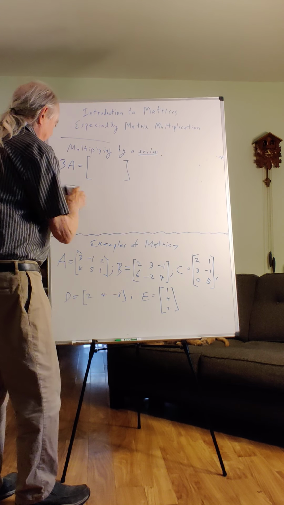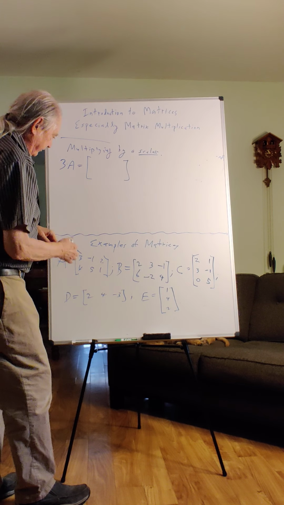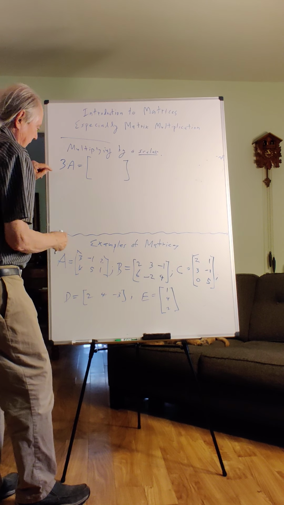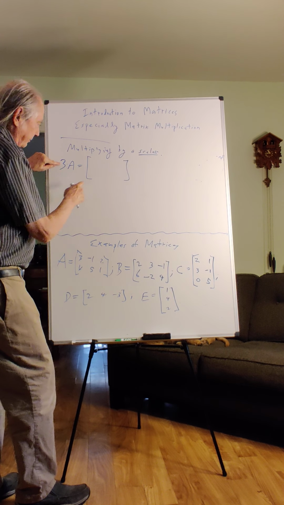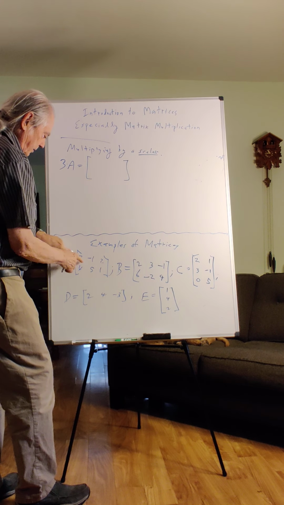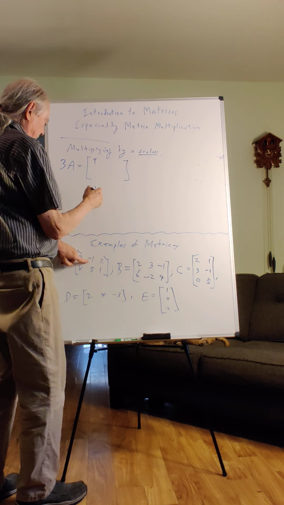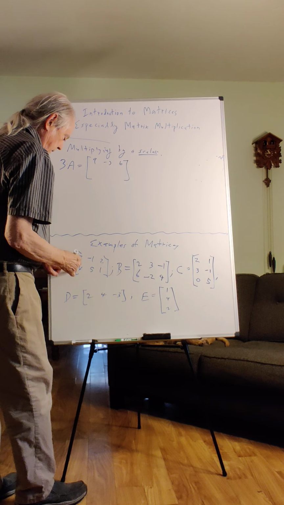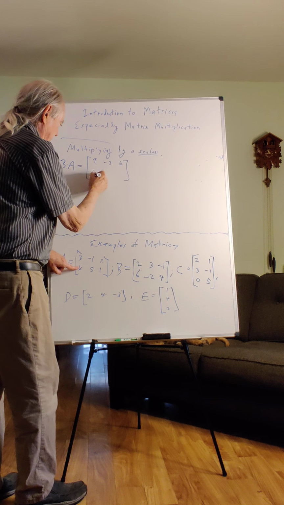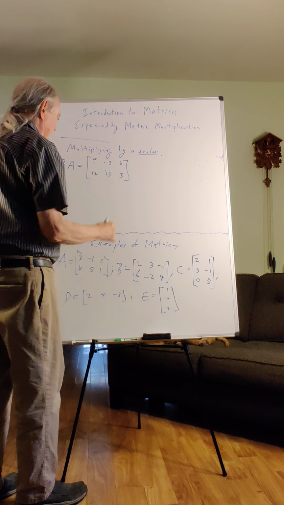So by analogy, 3A should be A plus A plus A, which means just triple each entry. In other words, if you have a scalar times a matrix, just multiply each entry by that number. 3 times 3 is 9, 3 times negative 1, 3 times 2, 4 times 3, 5 times 3, 1 times 3.